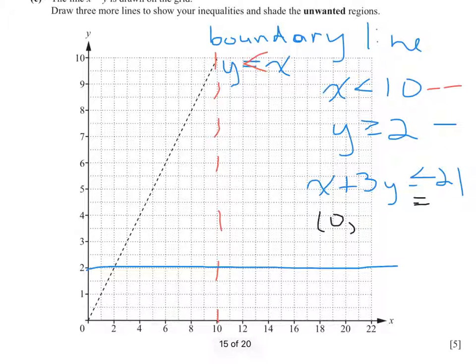Solve this equation for when x is equal to 0. 3y equals 21. y is equal to 7. That is the y-intercept. The x-intercept is going to be when y is equal to 0. So now y is equal to 0. This term disappears, and I see that x is equal to 21 if I'm plotting the boundary line.